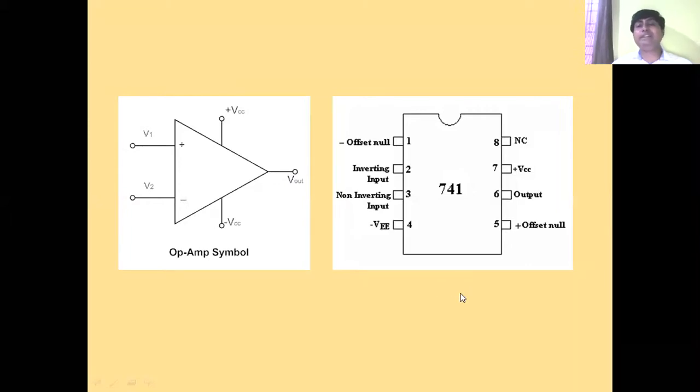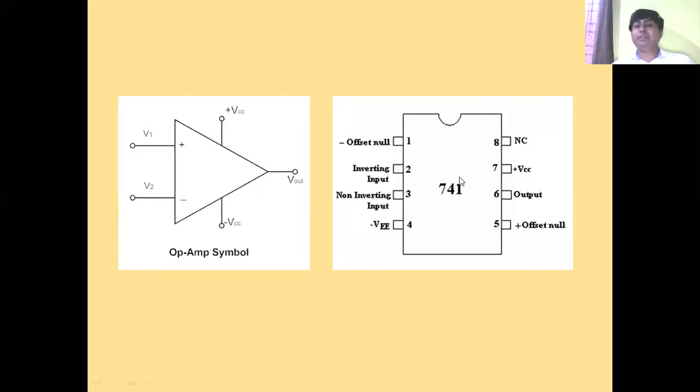Now coming to the next point, that is the pin configuration of the operational amplifier. As I told, this operational amplifier is an IC, that means integrated circuit. So what is this 741? This 741 is nothing but the number that has been allotted to this operational amplifier.